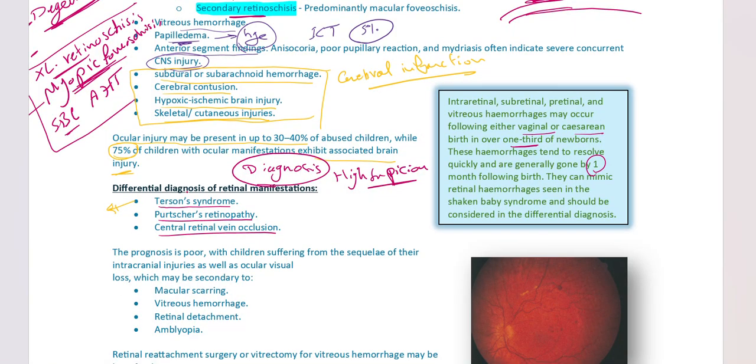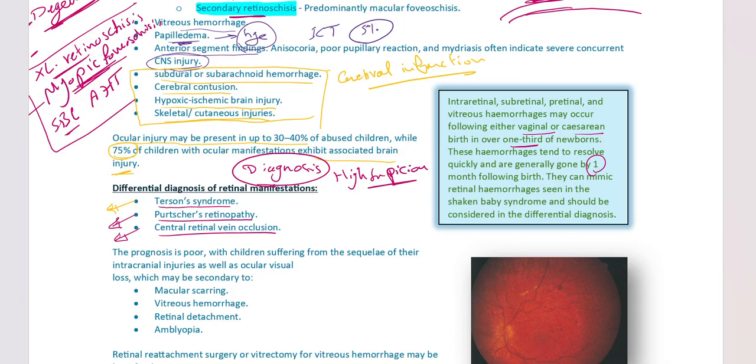The differential diagnosis of abusive head trauma is Terson syndrome, which is vitreous, preretinal, or retinal hemorrhage associated with subarachnoid hemorrhage, Purtscher retinopathy, and central retinal vein occlusion. In fact, central retinal vein occlusion in infants below 1 year of age is quite rare.